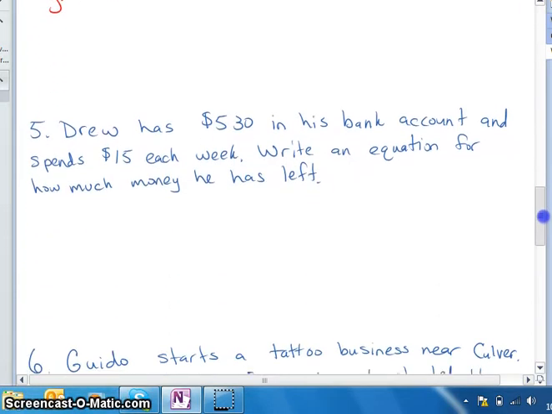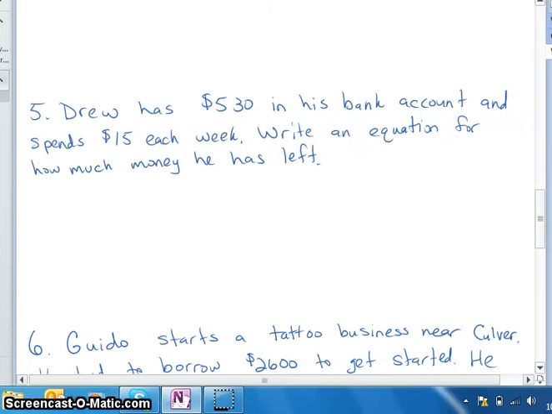What about this one? Drew has $530 in his bank account and spends $15 each week. Hopefully you know that the total in his account, however much money he has, depends on how many weeks it's been.